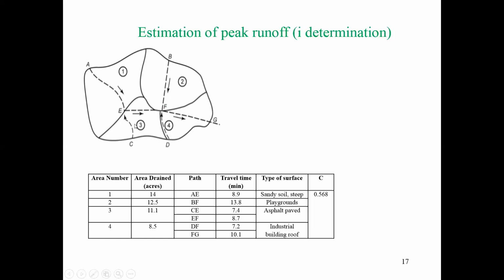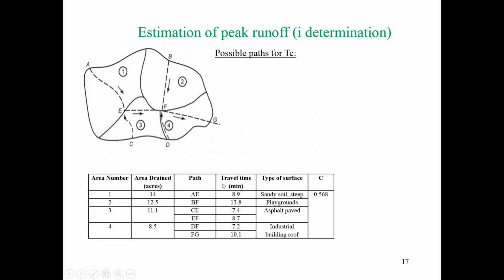At first we have to find the possible paths for the time of concentration, and then we will find the maximum time, and that will be the time of concentration. Now you may have one question: why are we not calculating the time of concentration as sheet flow, shallow concentrated flow, and open channel flow? That's because they already gave us the travel time, so we don't need to calculate those times individually.